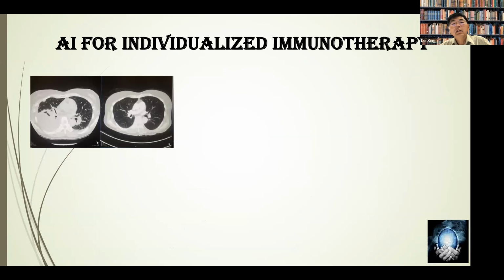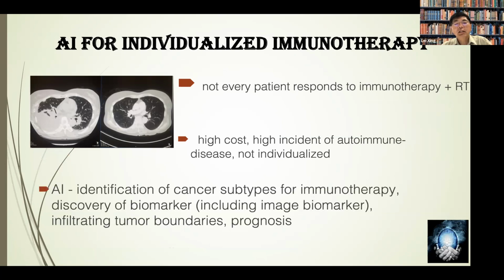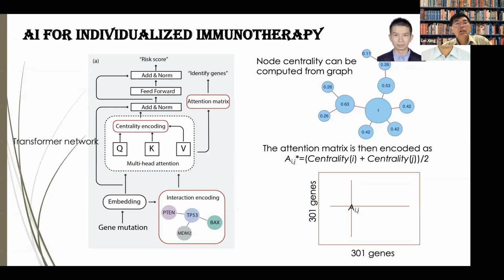And now we are working on immunotherapy, as I told you at the beginning. It's very effective, but it's almost like magic. Some patients respond, some patients don't. So we try to find a biomarker before the patient's treatment, so we can identify who will be the responder. With this model, we can include not only the tumor DNA mutation information, but also the gene-gene interaction information.